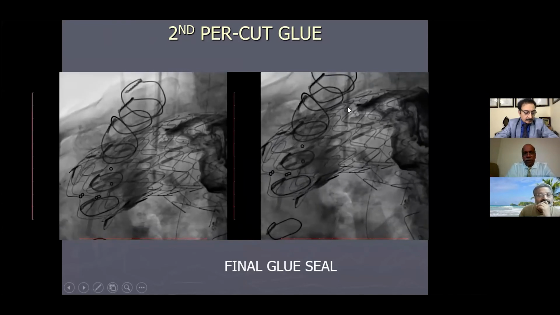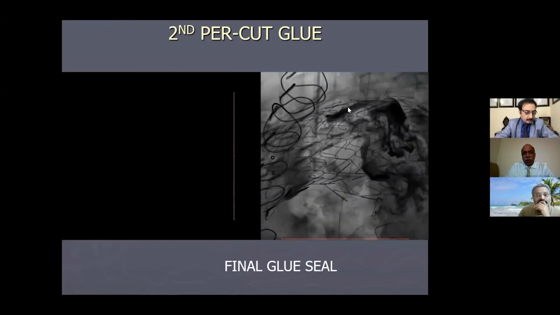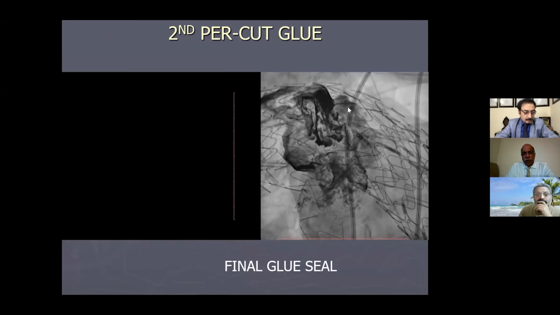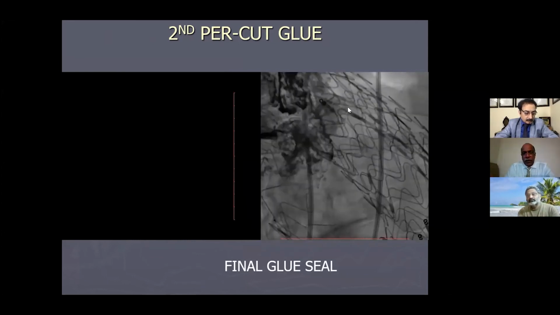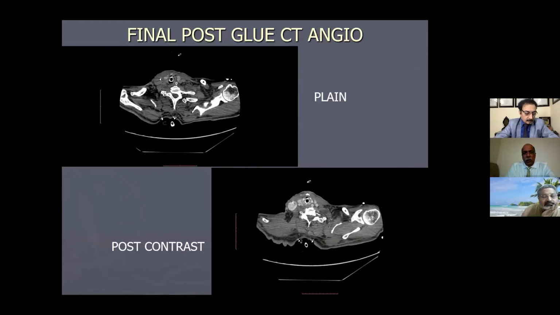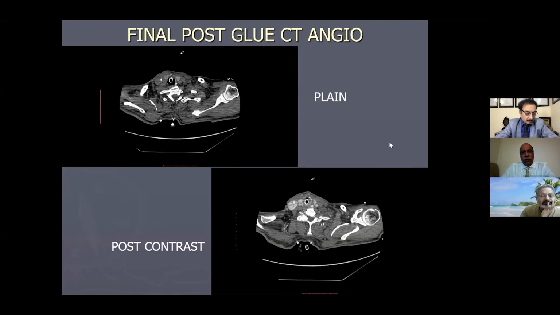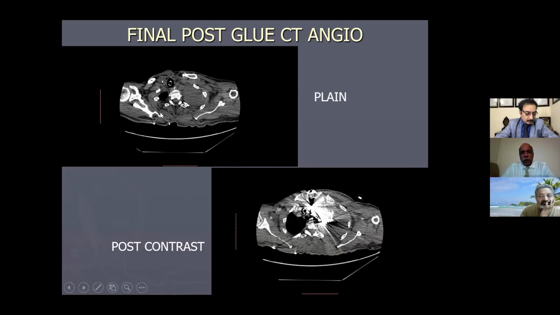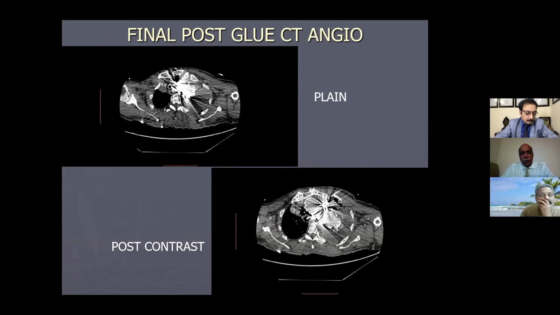This is the glue that we've been injecting, and we were very, very careful that it does not go antegradally into the ascending aorta. And final glue, after we've done the glue injection, you can see that the patient has got the glue.